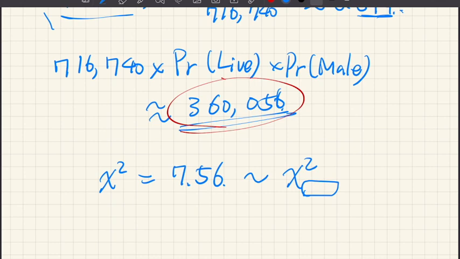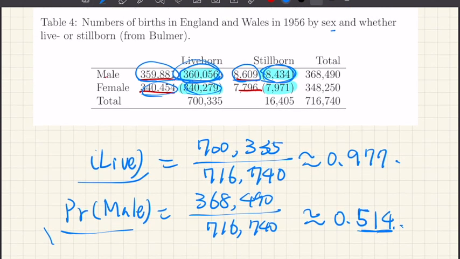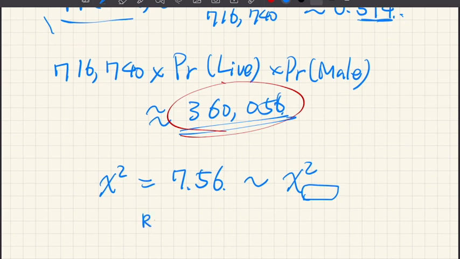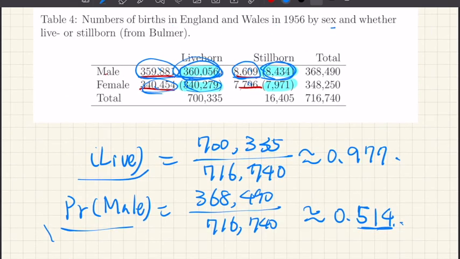Okay, in this table we have 4 numbers, so k is 4. We always put k minus 1 and minus p, right? So p was the number of parameters independently estimated from the data.